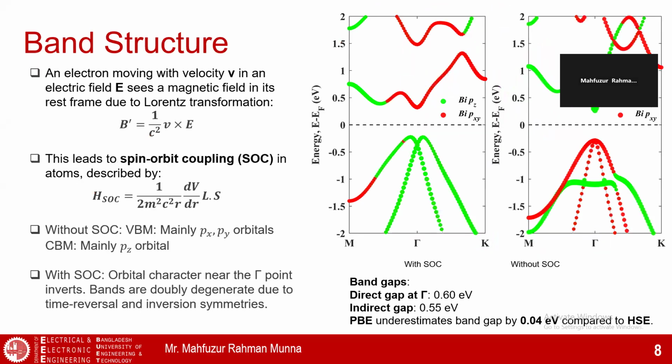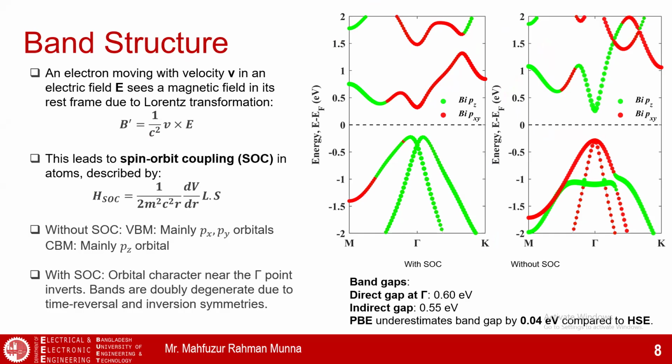So now let's talk about the electronic band structure for bismuth (111). Bismuth (111) is a quantum spin-Hall insulator, so there will be a band inversion at the gamma point of the Brillouin zone.